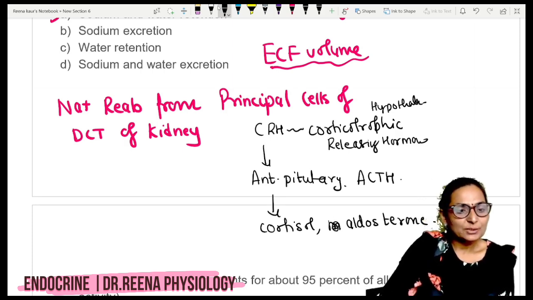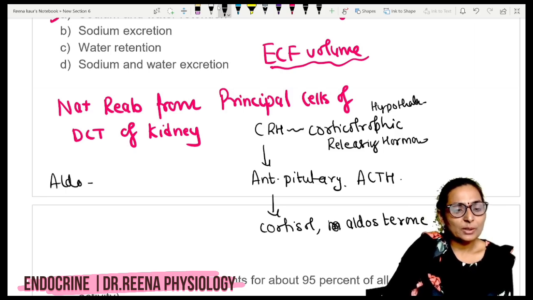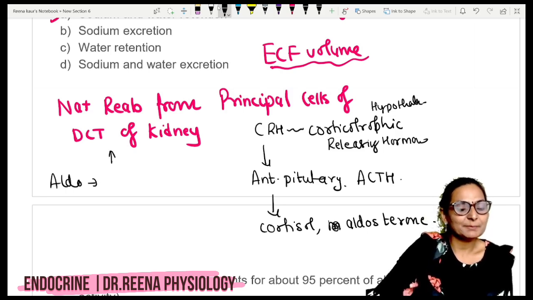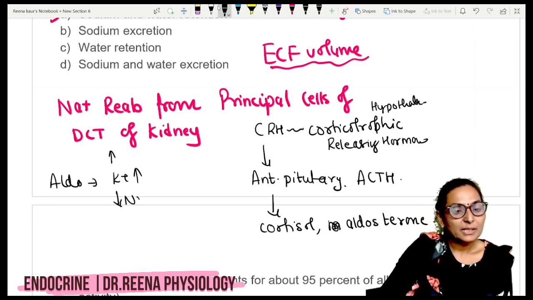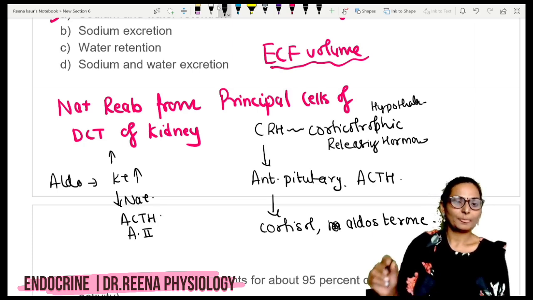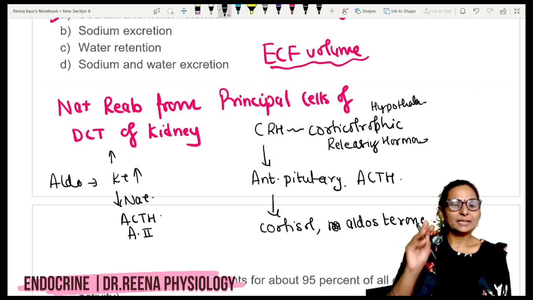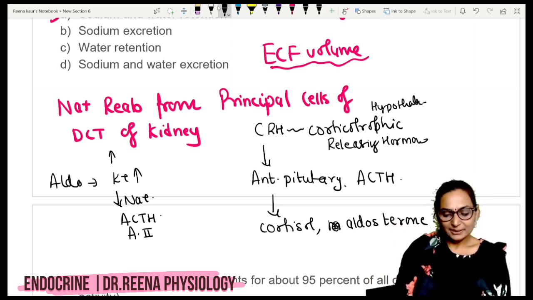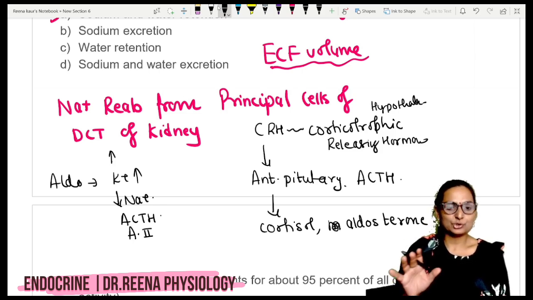Aldosterone can also be increased by an increase in potassium, a decrease in sodium, an increase in ACTH, or angiotensin 2. All of these can increase your level of aldosterone.